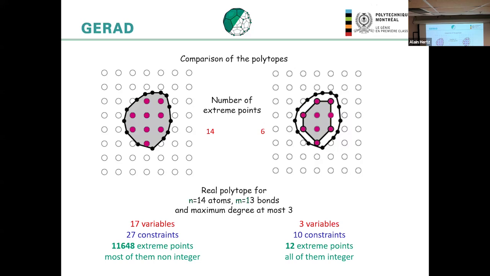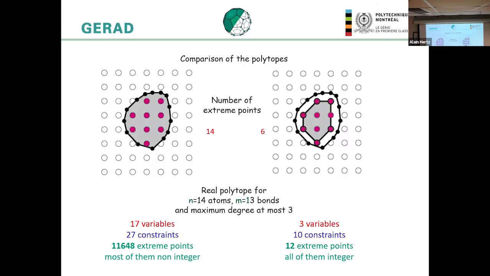So you have to work to find the best optimum which is an integer. In our case, we have only 12 extreme points, and they are all integers. So much easier, 11,000 versus 12.